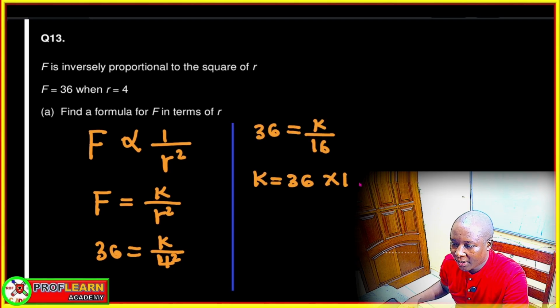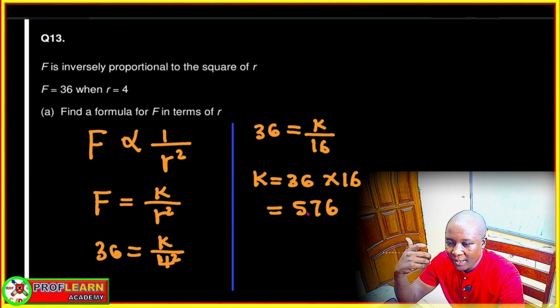After getting this value of k, which is 576, the formula in terms of r is going to be f equals 576 over r squared.